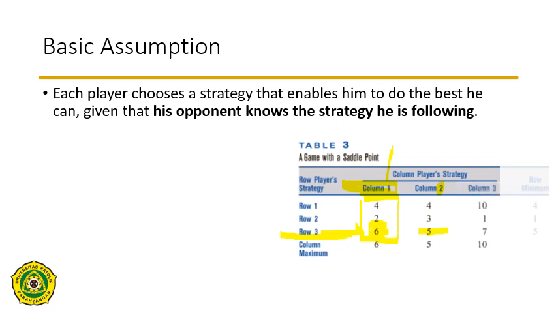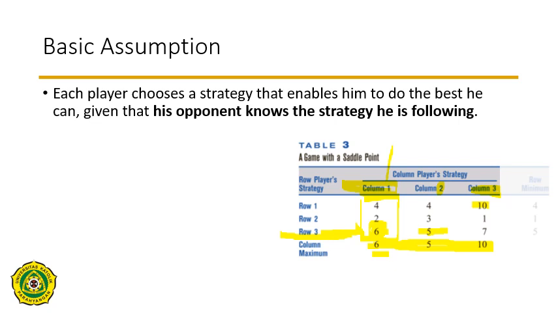And then if the row player knows that the column player will play the third strategy, the row player will pick the first strategy because it maximizes the reward for the row player. So here the maximum for each of the column strategies is 6, 5, 10.